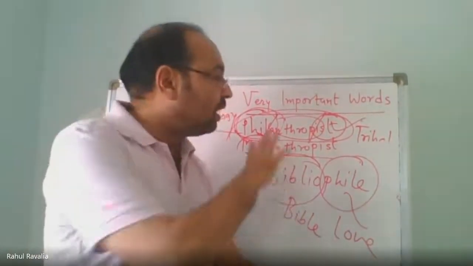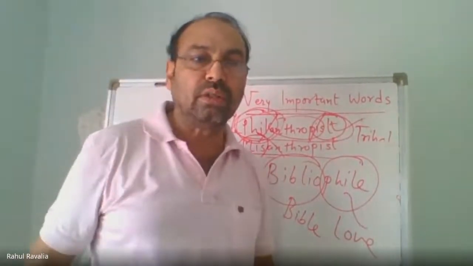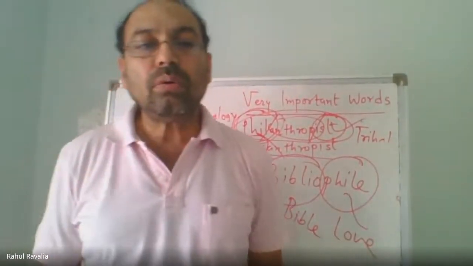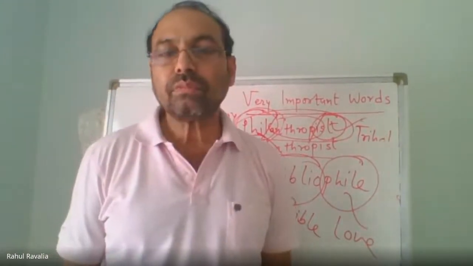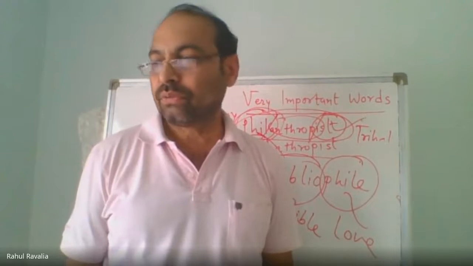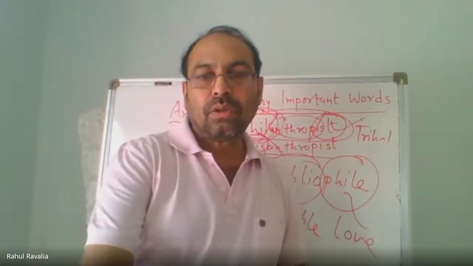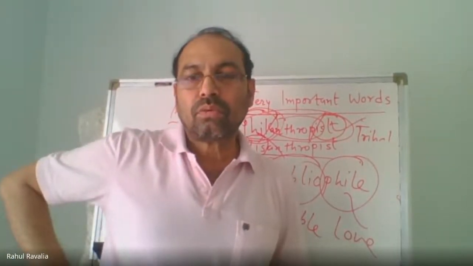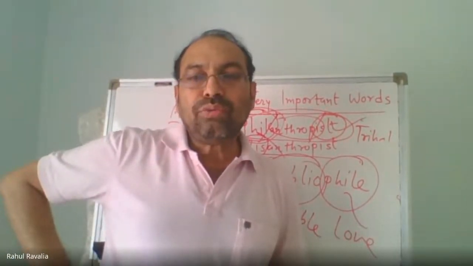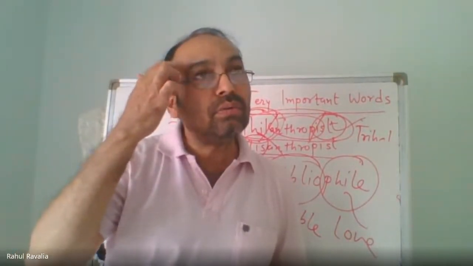So first of all, I request you to write down the meanings of all these four words. First of all, write down philanthropist. Phil is equal to love.